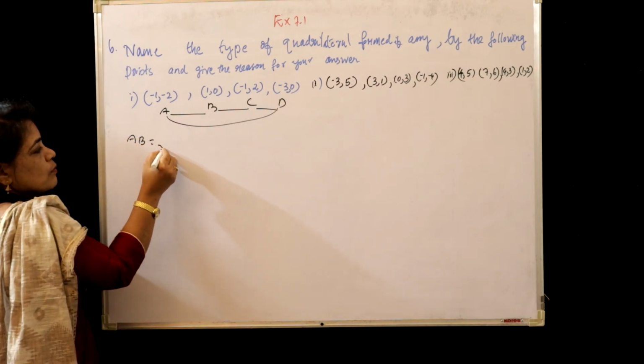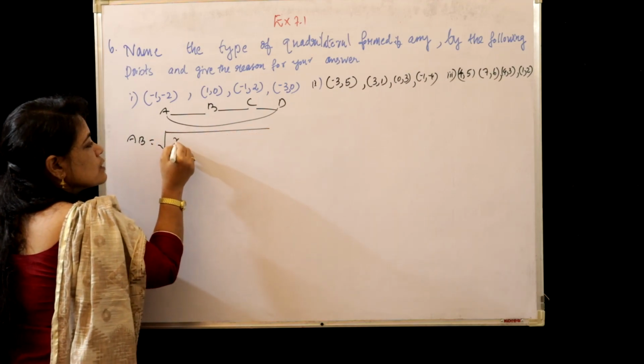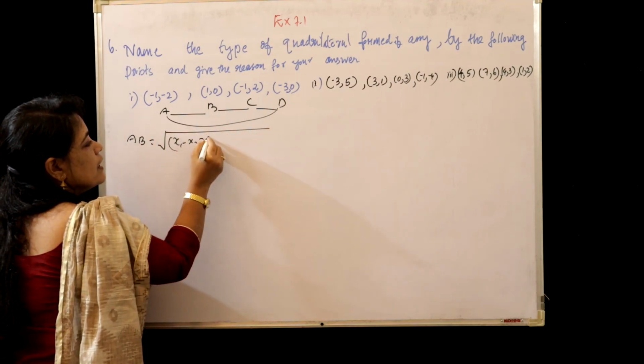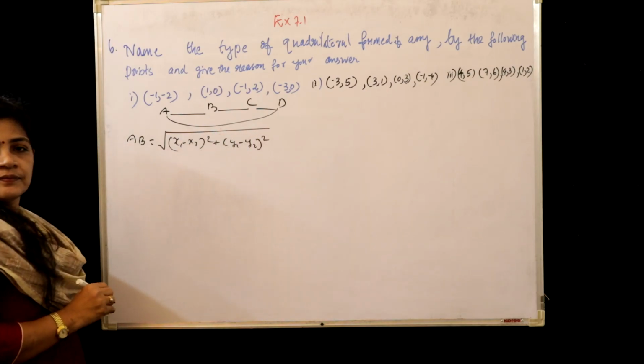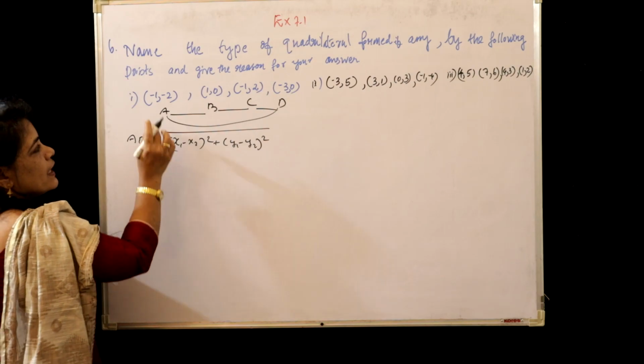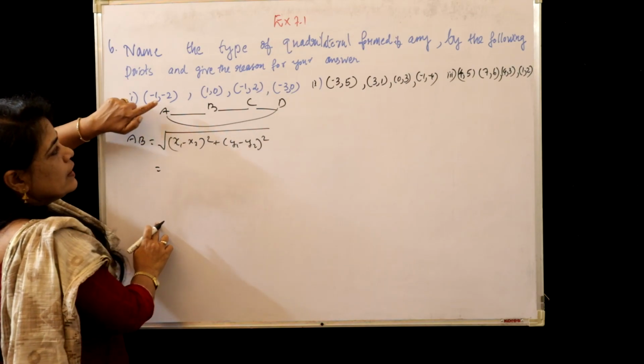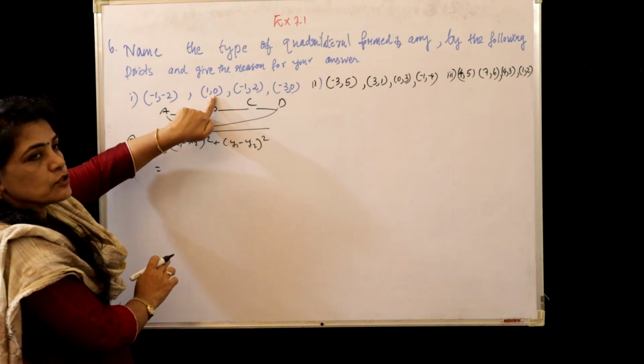AB by the distance formula, that is square root of (x1 minus x2) whole square plus (y1 minus y2) whole square. Isn't it? Here A is x1 y1 and B is x2 y2.